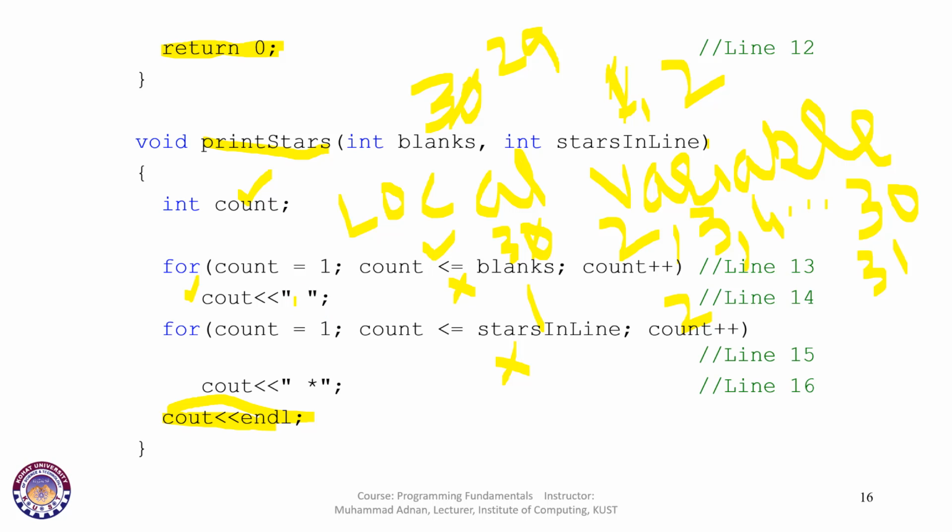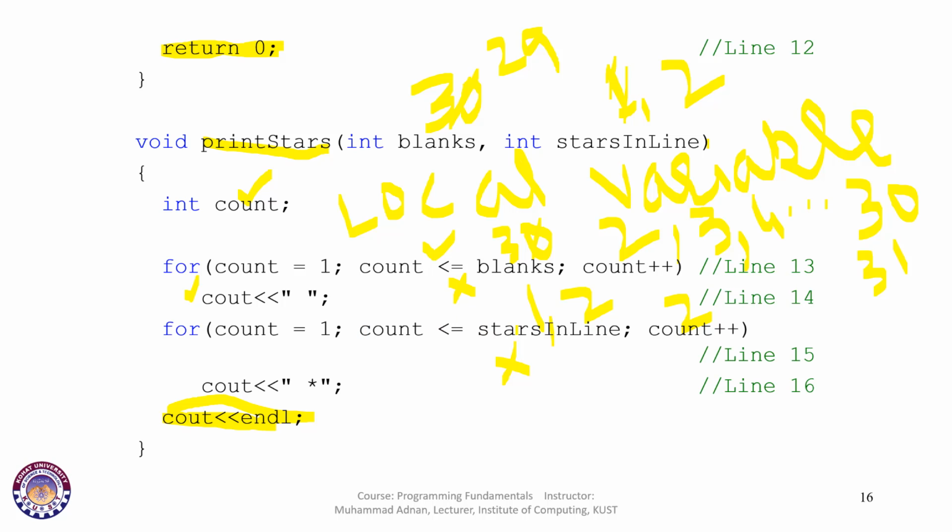After we have printed these 29 spaces, we are going to move to the next for loop and initialize count once again to 1. Count is less than or equal to the number of stars. Yes, it is, because the number of stars is now 2. We print a star and increment the counter, which becomes 2, and then we once again check this condition.